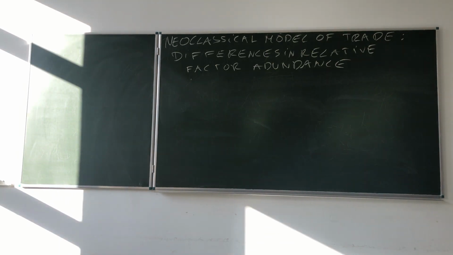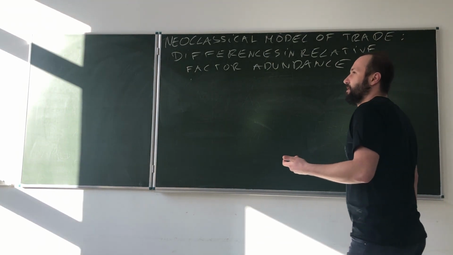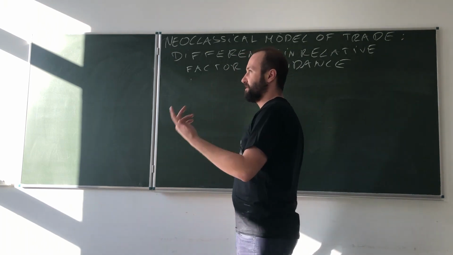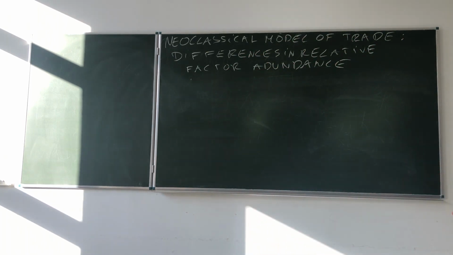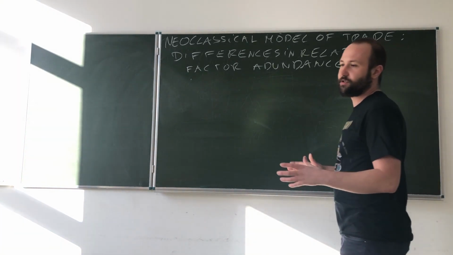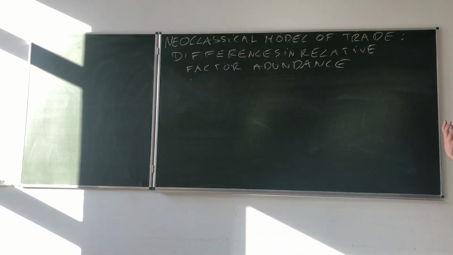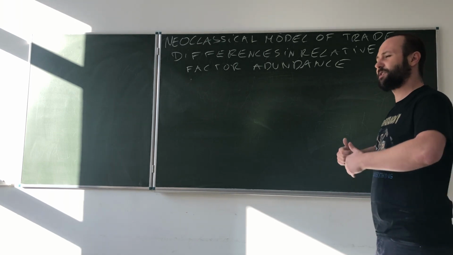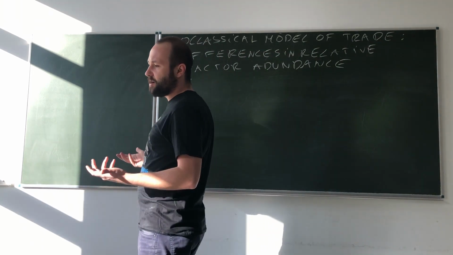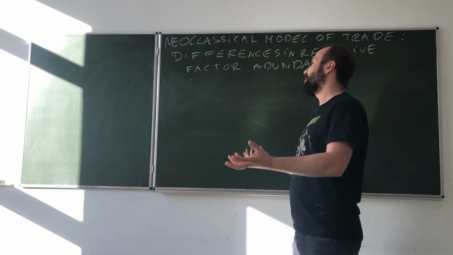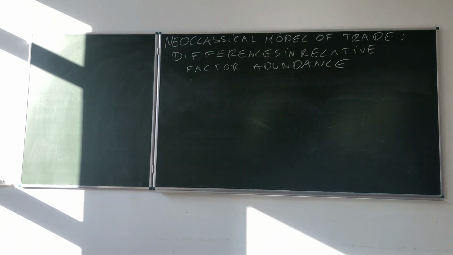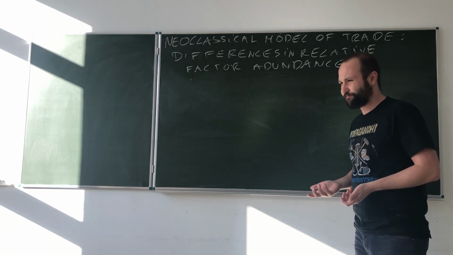And this is actually how it's done now by governments and international organizations when they're trying to assess trade. They use so-called computable general equilibrium models. But those models can be traced back to the simple neoclassical model of trade, of course, made far more complex in order to allow for way more different factors than we are going to analyze here.